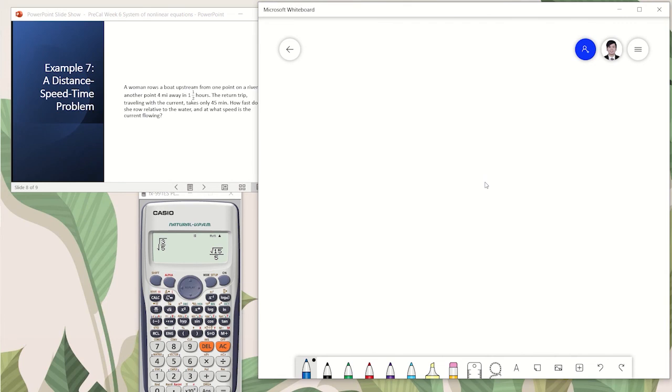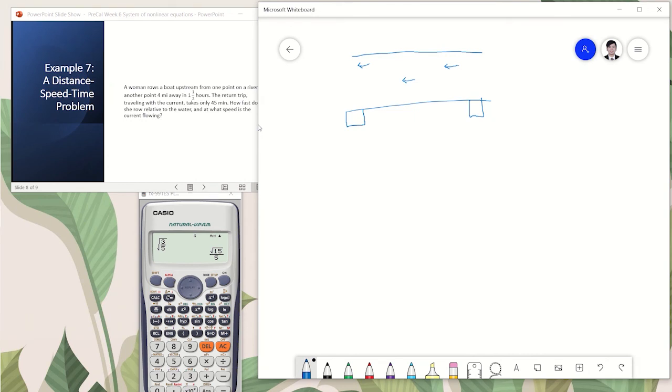We're talking about a river. Just remember, if there is a river, the flow of the river will go in one direction. So let's say the river goes to the left. The situation says that there are 2 points where a woman goes upstream, and once she reaches the other location, she goes back.